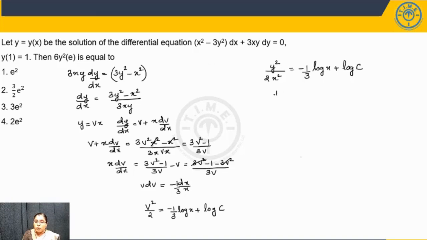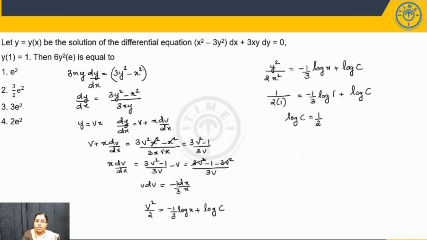So let's write 1 by 2 into 1 equal to minus 1 by 3 log 1 plus log c. Now log 1 is already 0. So we have log c equal to half.